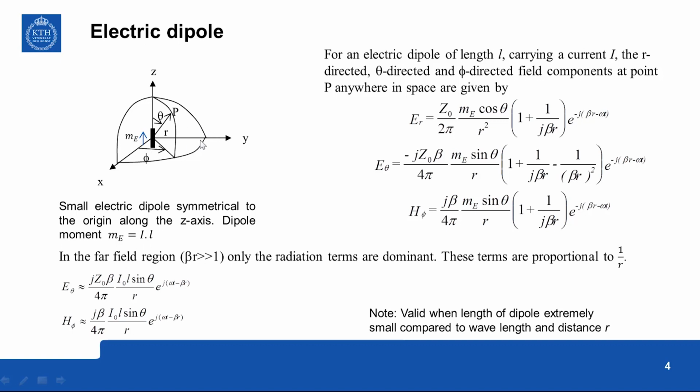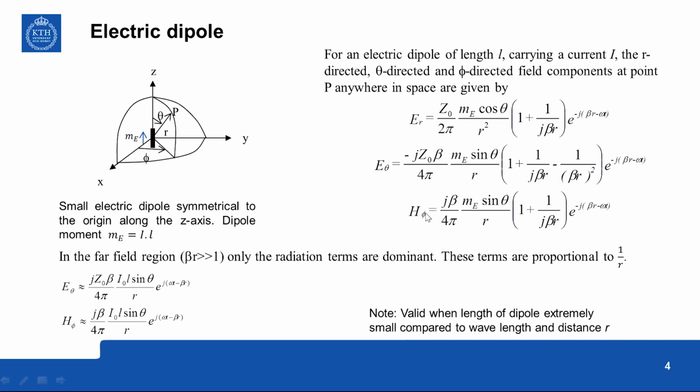Now, if that is the case, we can find the expression for the r component of the E field, the theta component of the E field, and the phi component of the H field. So H will have only one component, that is phi, because if you have a current in this way, the fields are around this in the phi direction.